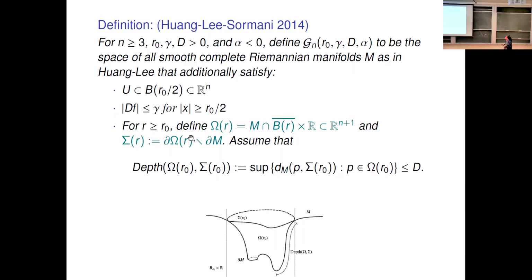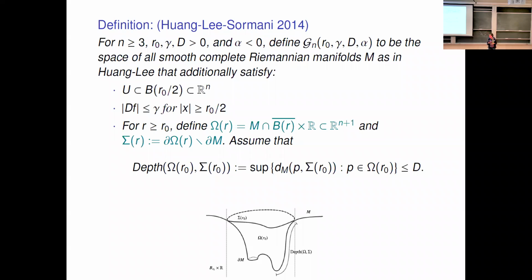The second condition is that the norm of our function has to be bounded outside of this ball of fixed radius R0 divided by 2, so that this part will give us control of the outside of the manifold.